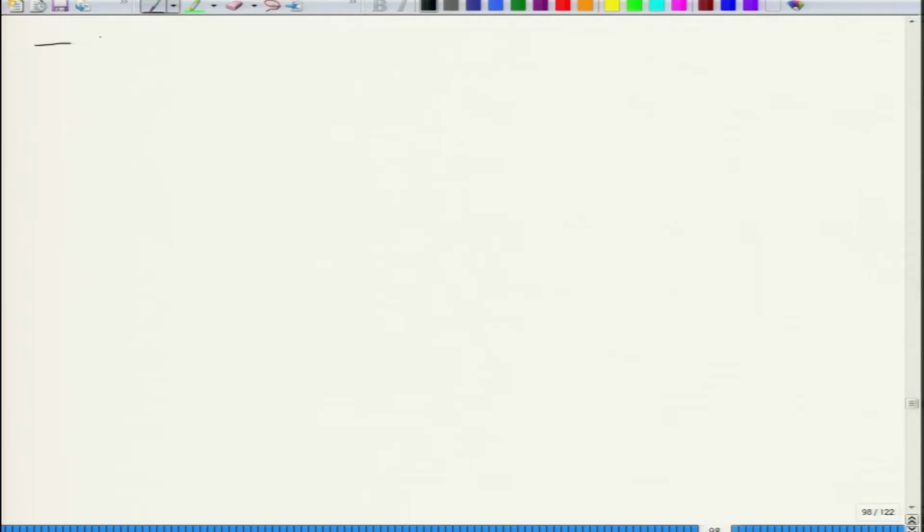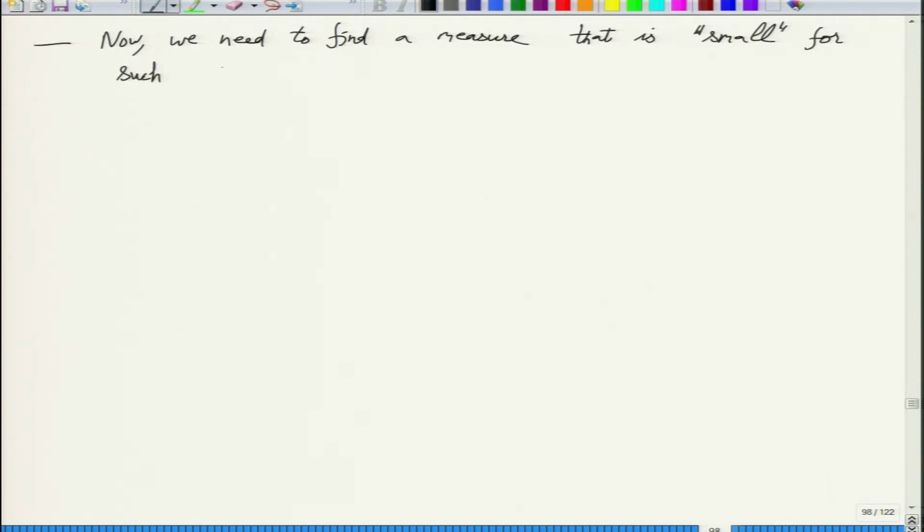So we'll slightly change that measure. Now we need to find or define a measure that is small for such sigma pi models.